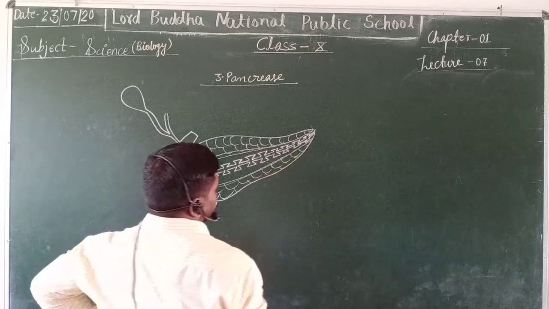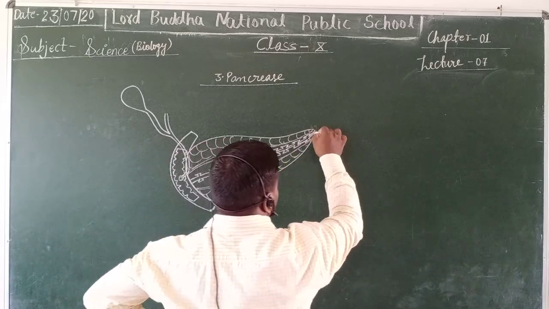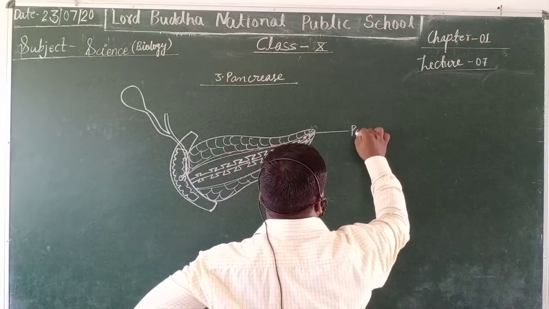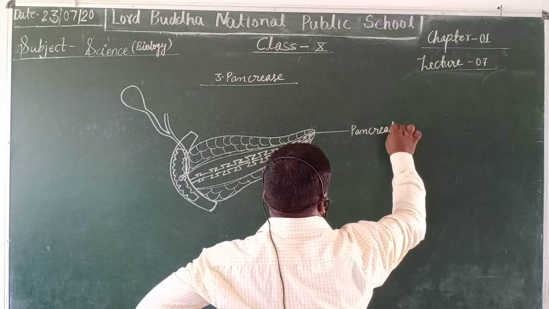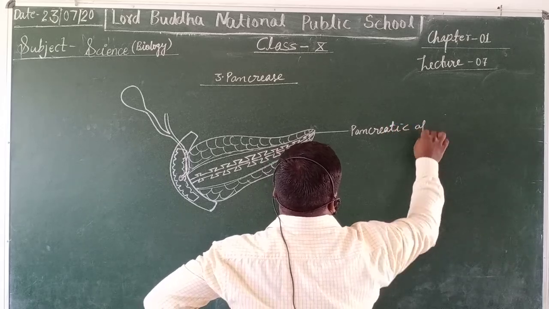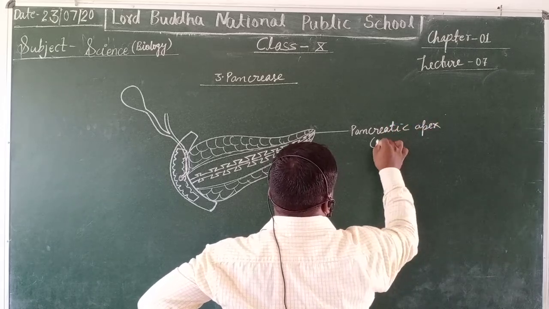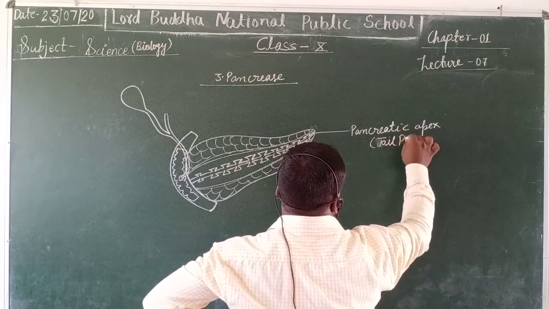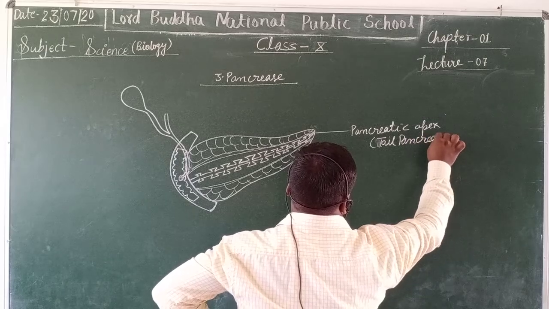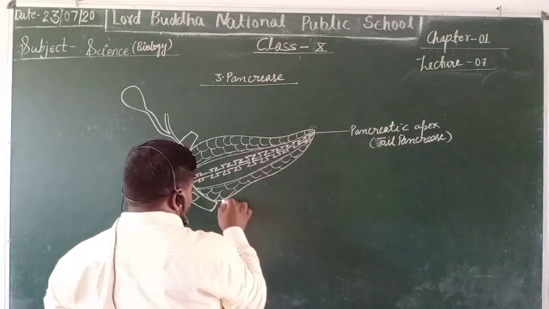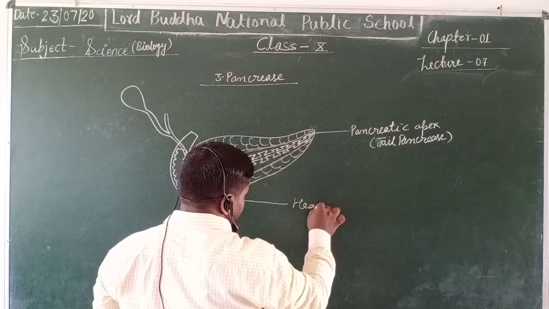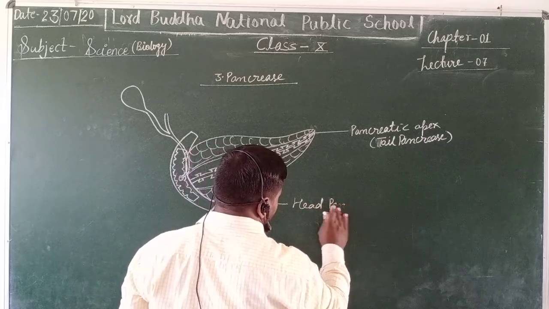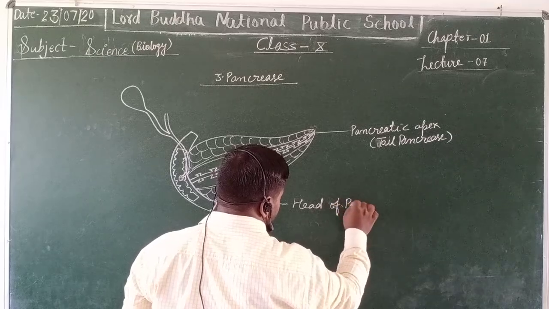This is the exocrine part of the pancreas. This is the apex region, or pancreatic apex, also known as the tail of the pancreas. This is the head part of the pancreas, or head of pancreas.